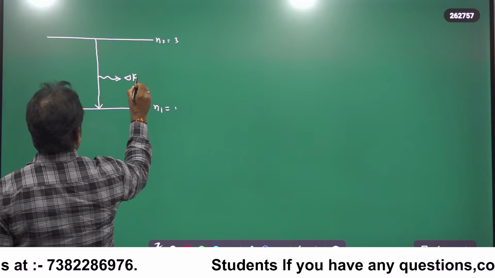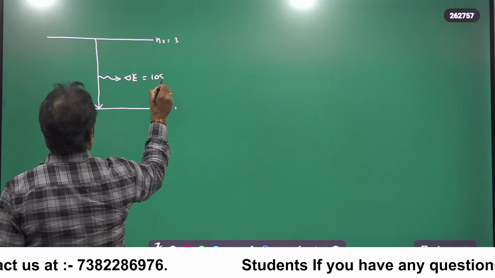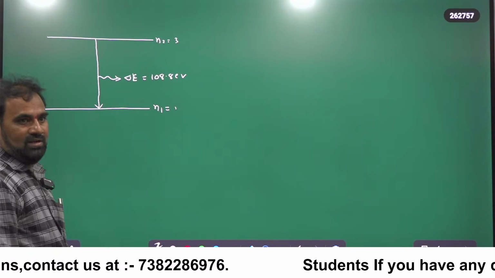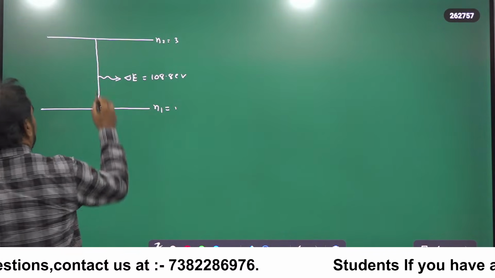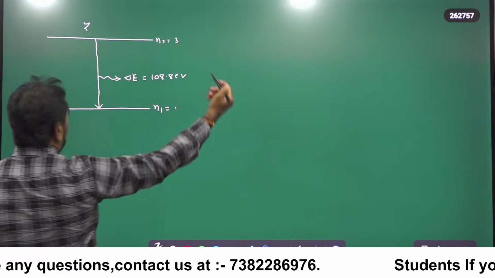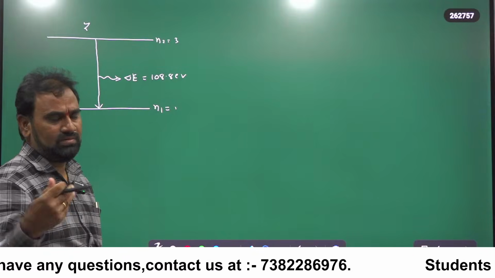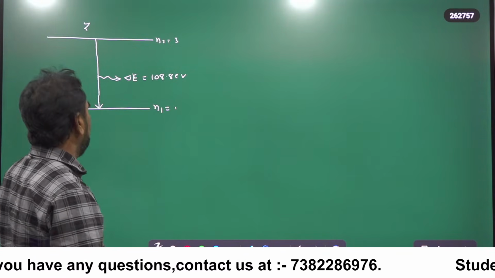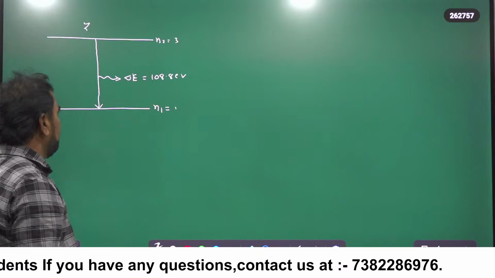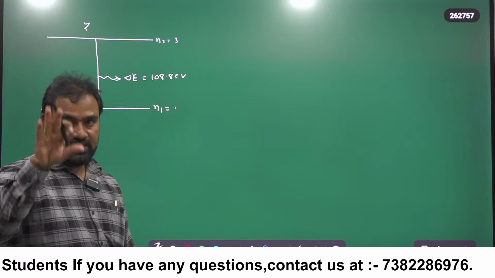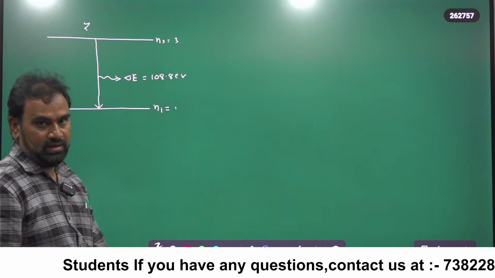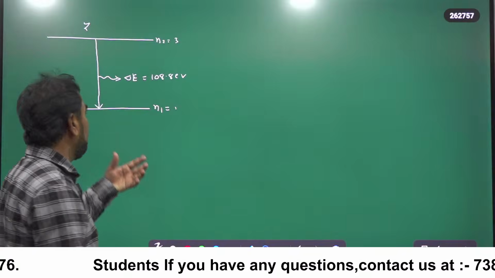Delta E is equal to 108.8 electron volts. Let's take this atom as a hydrogen-like atom, not hydrogen itself, but another kind of atom. The electron makes a transition from N2 equal to 3 to N1 equal to 1, and the energy difference between these levels is given as 108.8 electron volts. Then find the atomic number of that atom.